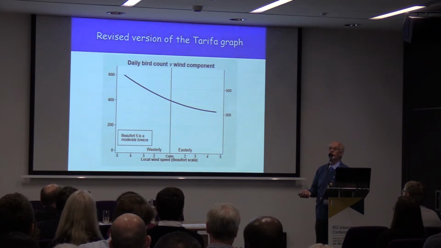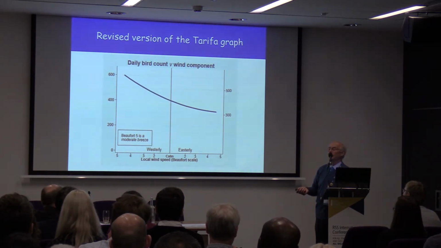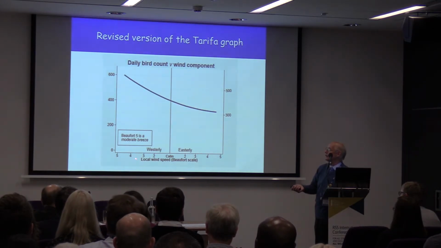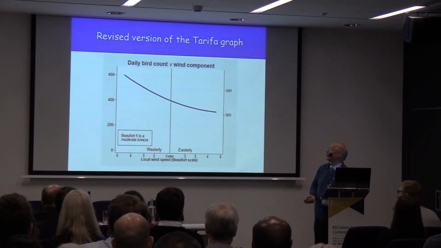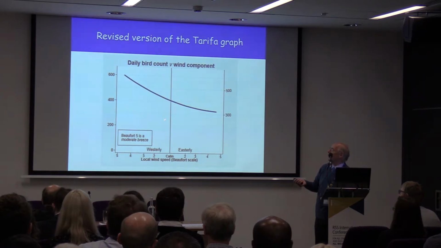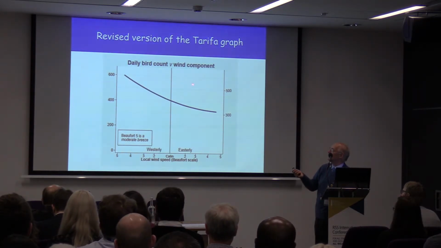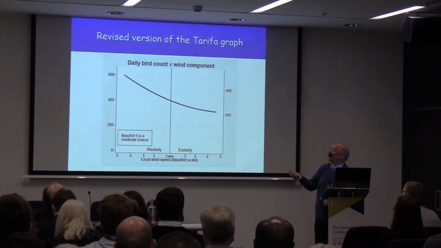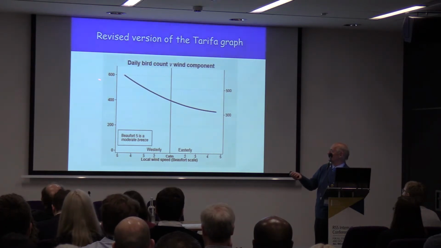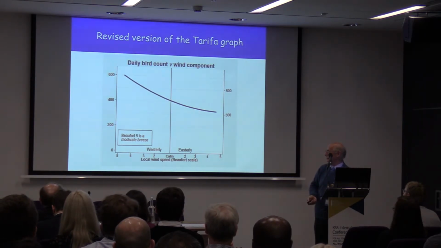I do know the Beaufort scale, which is not quite linear with speed, but I can mark appropriate values for Beaufort levels, and I can choose values on the grid lines, so you can see that from a moderate westerly to a moderate easterly, you roughly halve the number of birds you're going to see.